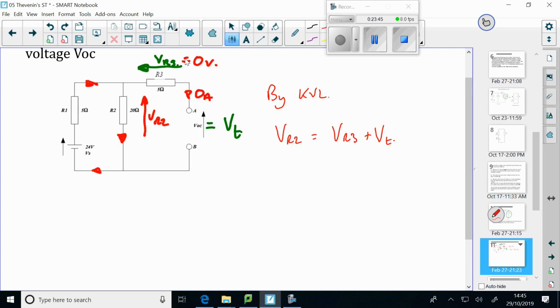And we're interested in V Thevenin, so V Thevenin is equal to VR2 plus VR3, which is totally correct. But that's because that equals nothing, those two are equal to each other.